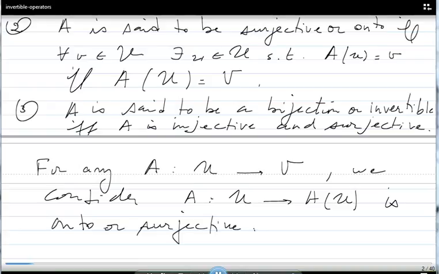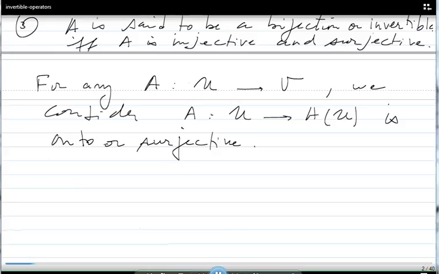So we still write it as A, but this map is a little bit different from the original one because the target set is not the entire space V but a subset of V, which is the image of A.